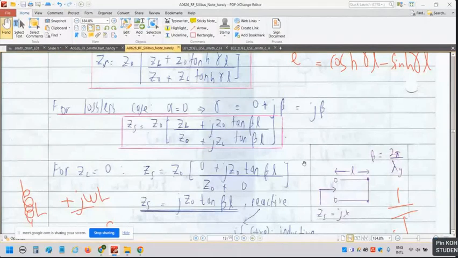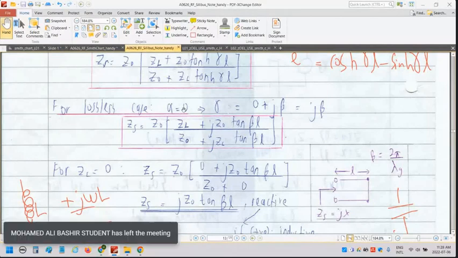And keep in mind, when there is a formula, there is an assumption to make it simple. Here it is the lossless, ideal case, where alpha is 0.